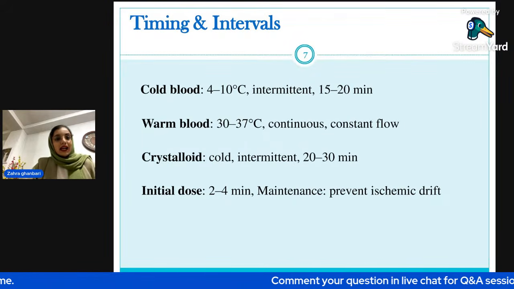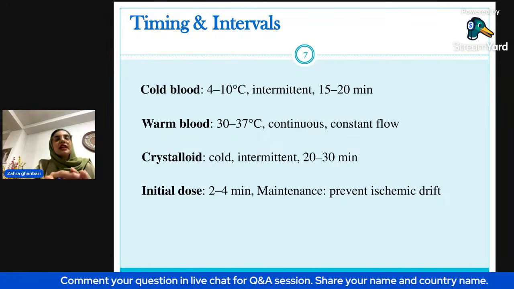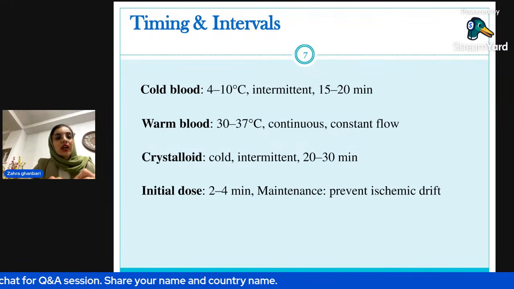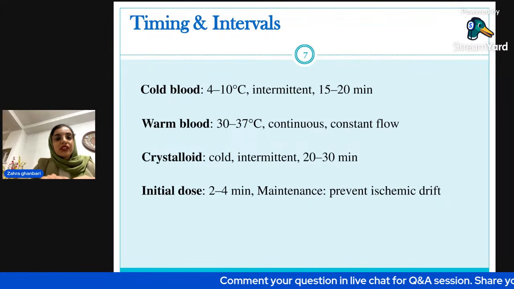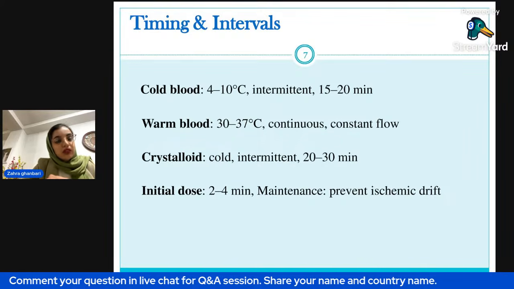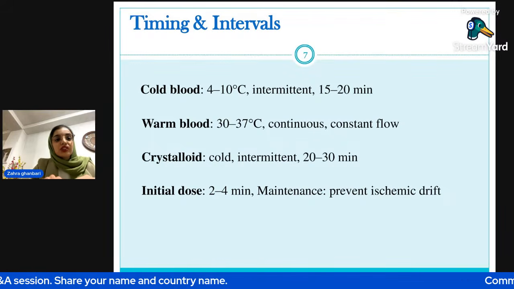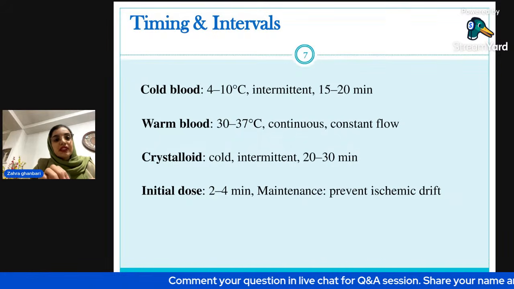Thank you. Timing and interval. Timing and interval depend on which type of cardioplegia you use. For example, cold blood is injected at 4 to 10 degrees centigrade, intermittently, and re-injected after 15 to 20 minutes. Warm blood is injected at 30 to 37 degrees centigrade, continuously. Crystalloid is usually injected cold, intermittently, with a maintenance dose after 20 to 30 minutes.